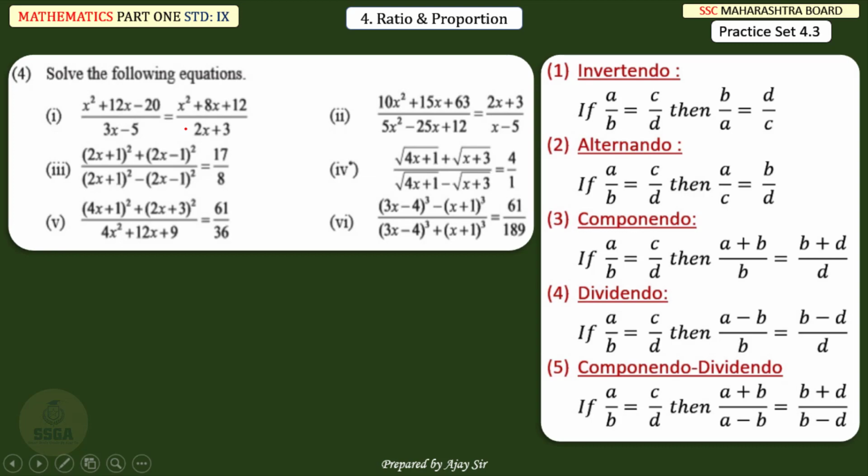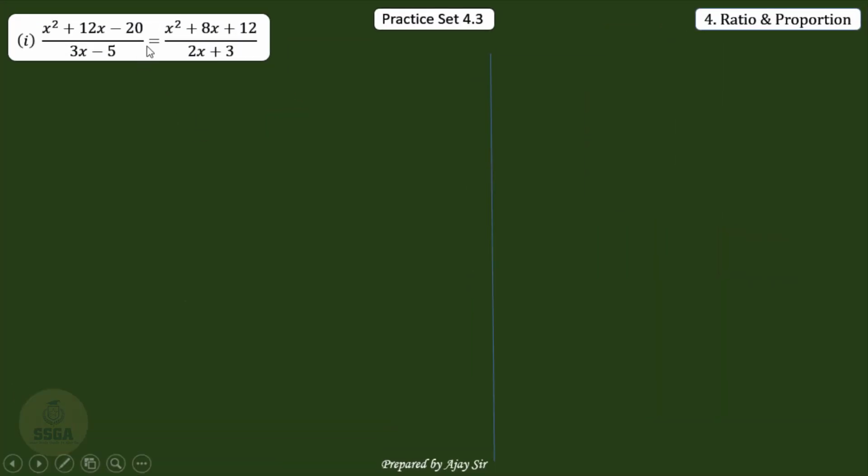So let us start the first question. Observe this question. This is the numerator and denominator. Observe this carefully. Is there any similarity? Yes, there are some similarities. Here is minus, here is minus, plus, plus. But this term and this term are different. Let us search which number you should multiply to convert this to the numerator form.